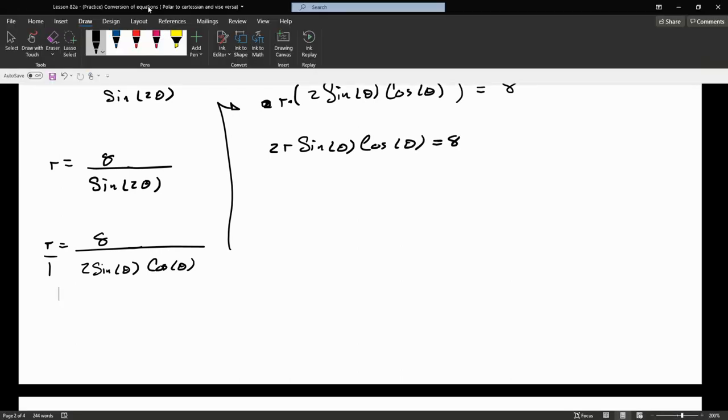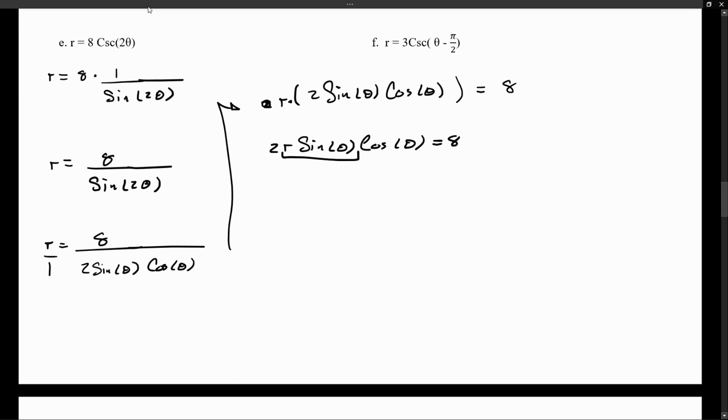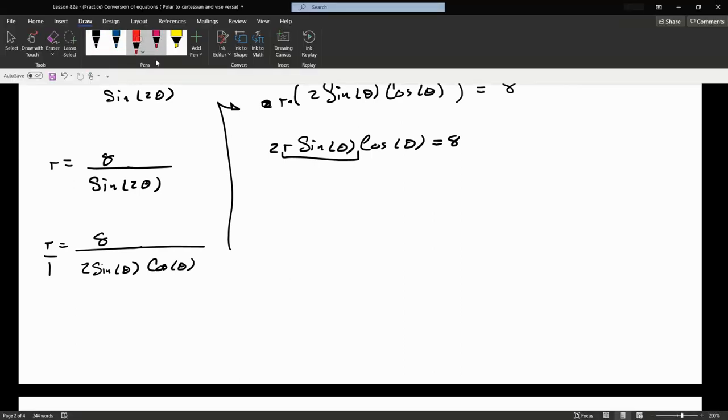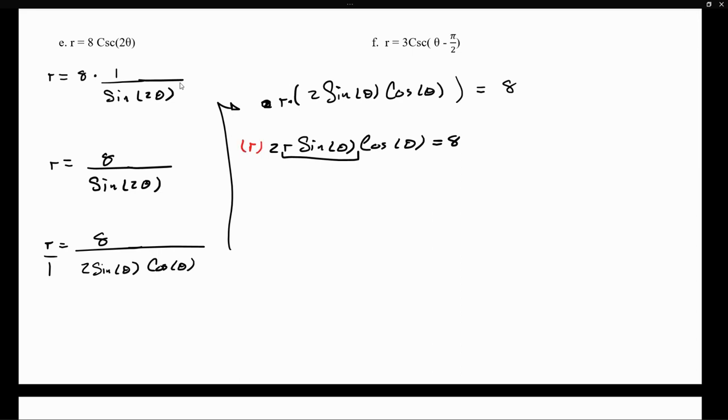At least this works out, because I have this expression r sine. I can just substitute this with a y. But for cosine, we're missing an r, so that I can set it equal to the value of x. Since we're missing that r, I'm going to multiply r to both sides.